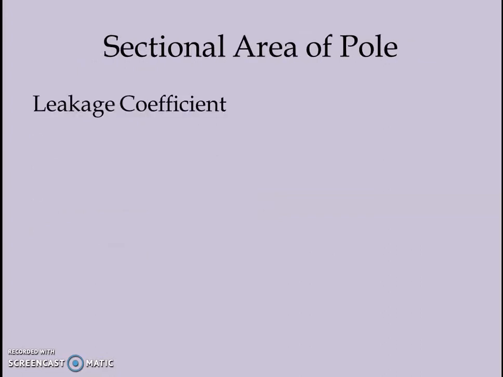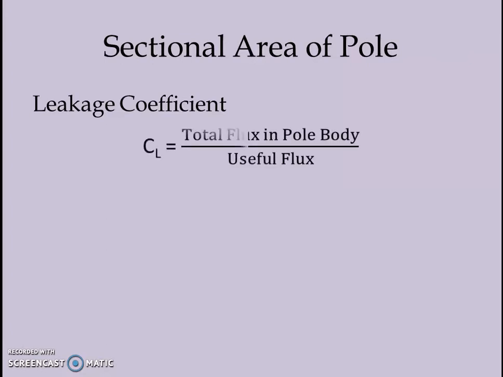Let us start with the sectional area of the pole, and we start with the leakage coefficient. In leakage coefficient, the suffix L is for leakage and C is coefficient. So CL is the ratio of the total flux in the pole body divided by the useful flux, and this ratio is known as the leakage coefficient. So CL = phi p / phi, where phi p is the total flux in the pole body and phi is the useful flux.